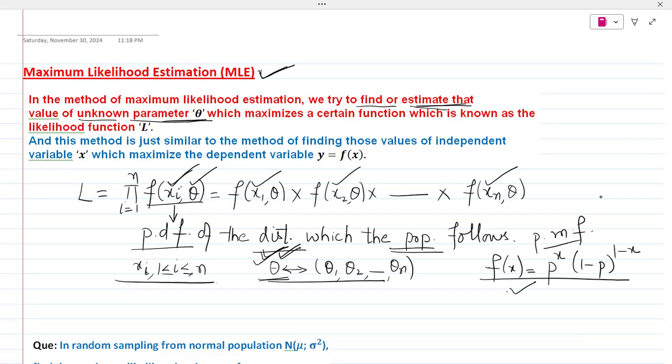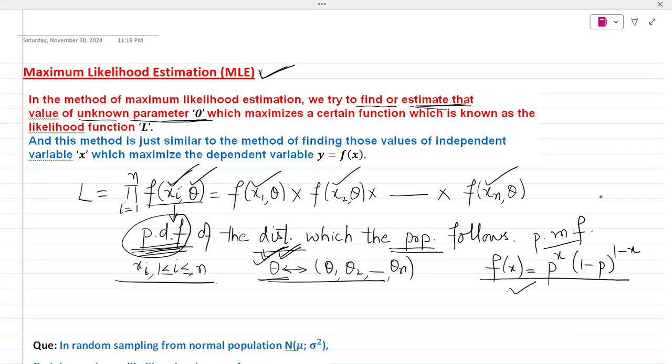Here, what is the meaning of PDF? Please note, it is the probability distribution function, which is of two types: probability mass function and probability density function.